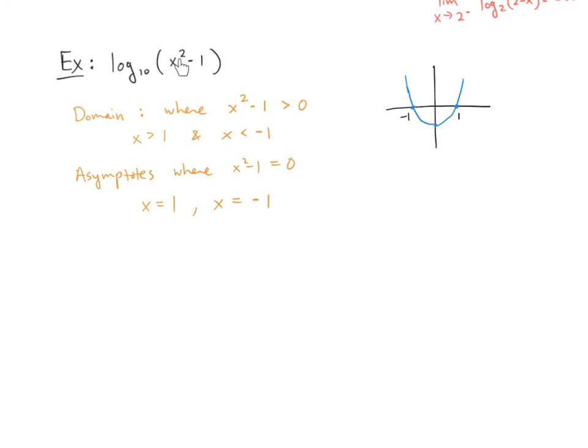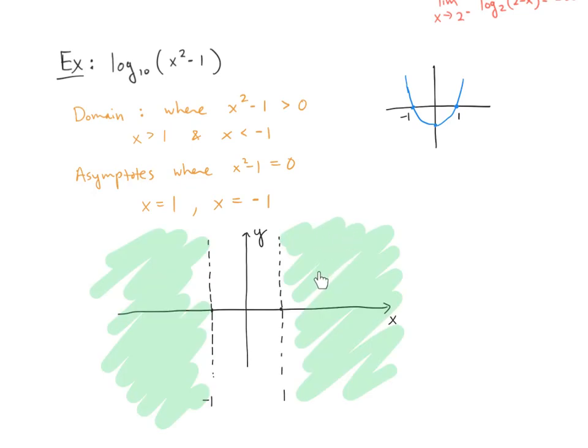And then we have our asymptotes where the x squared minus 1 equals 0, so where we're plugging 0 into the log. And that occurs where x is 1 and where x is negative 1. So you can easily graph the domain of this function.